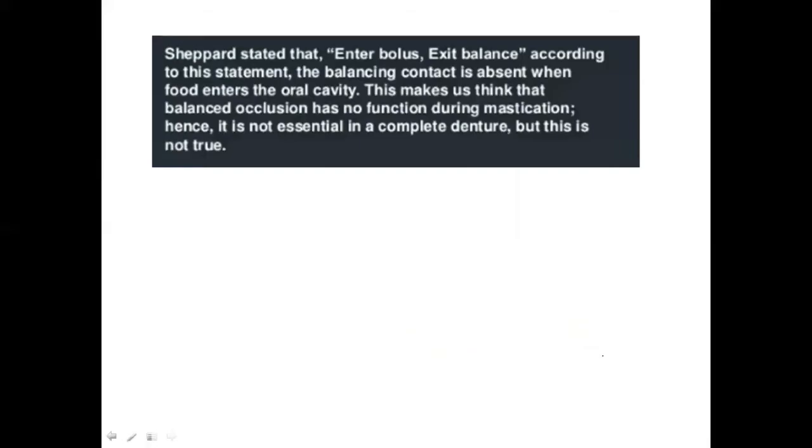So why is it important? What is the importance of balanced occlusion? See, balanced occlusion is one of the most important factors that affect denture stability, right? And remember, balanced occlusion is absent in natural dentition.